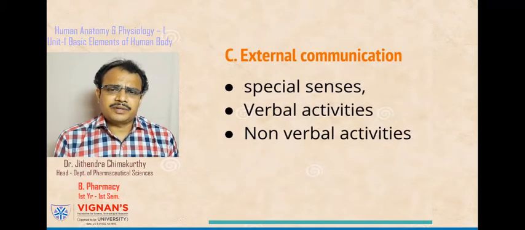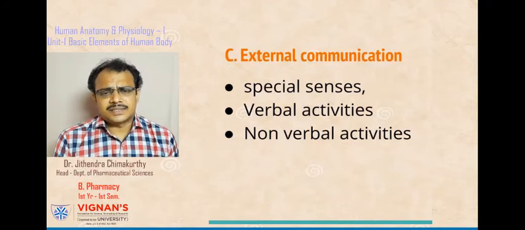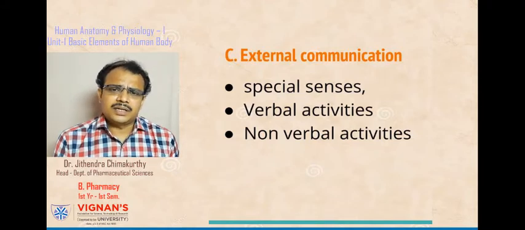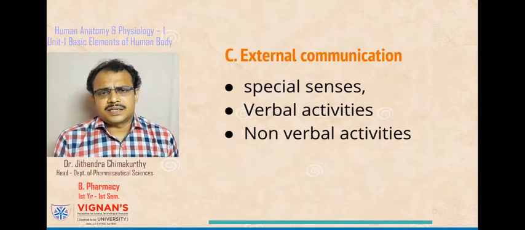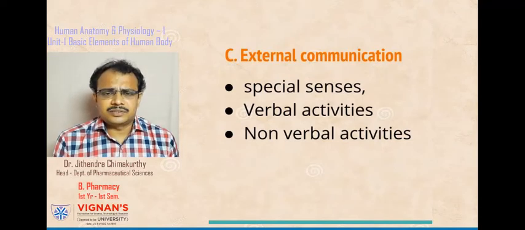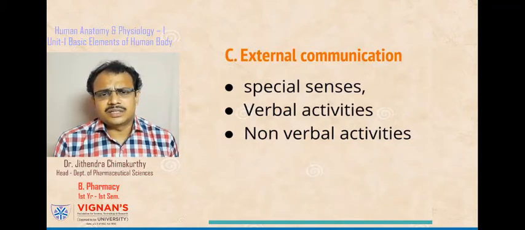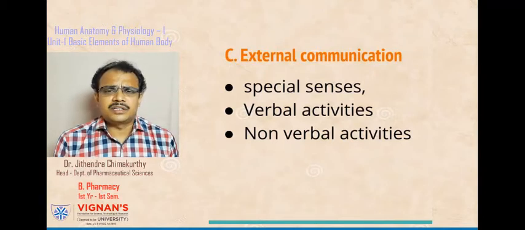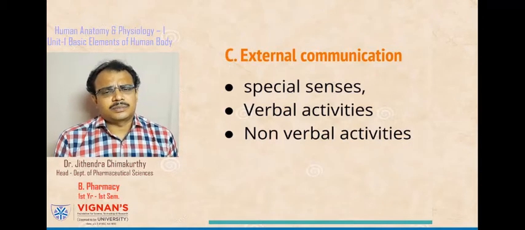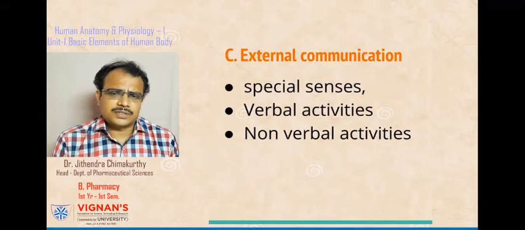So we have various special senses to communicate with the outside world, such as eyes to see, ears to listen, a nose and skin for touch. In this way, the special senses will communicate with the outside world. The stimulus from the external environment is communicated into the body through this external communication by special senses.